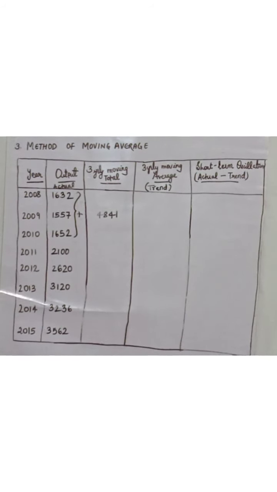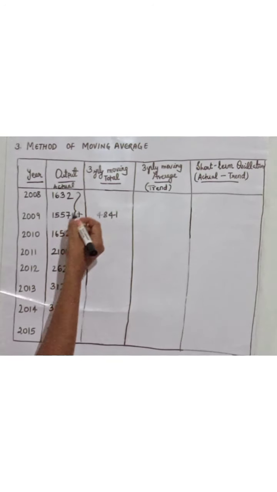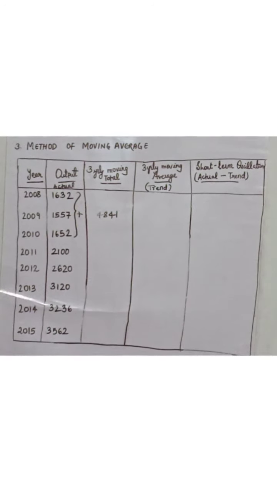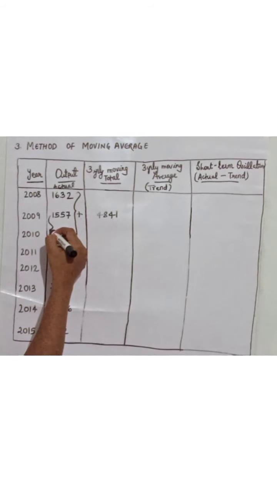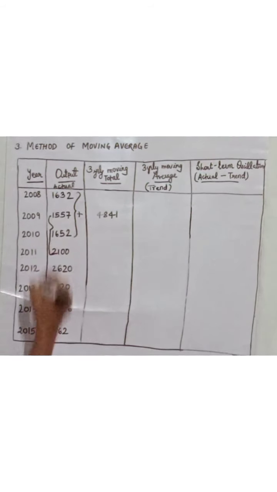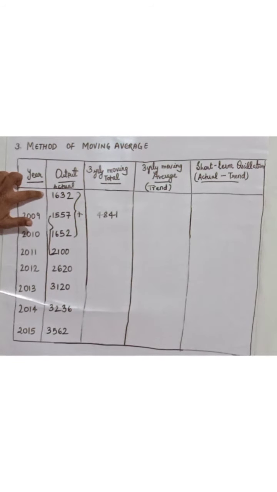Now we are going to create another group. To make the second group, we eliminate the first element and start from the second element, taking elements 1, 2 and 3 again. That is 1557 plus 1652 plus 2100.